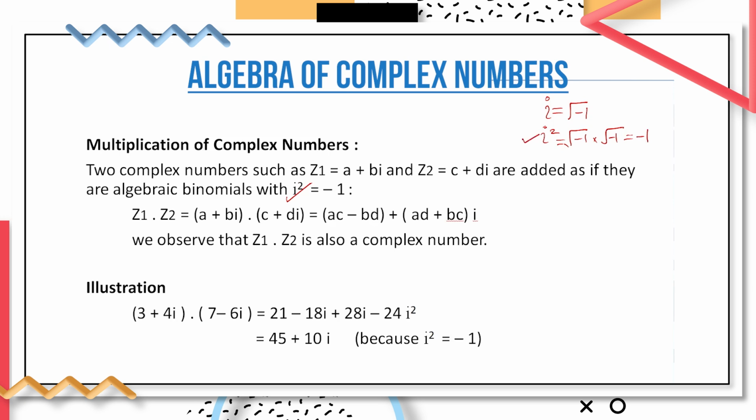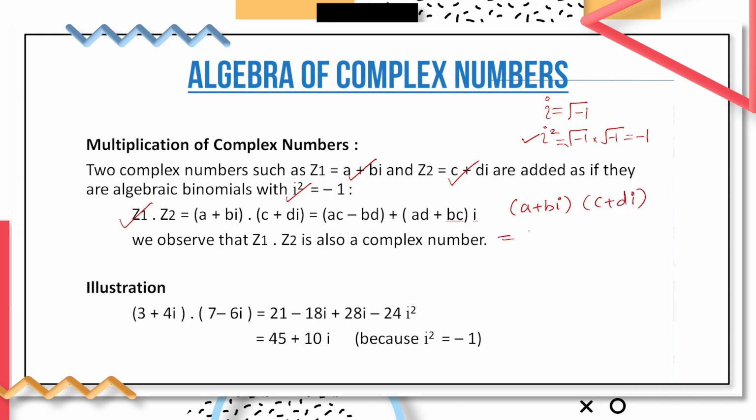Let us understand. Say Z1 is a complex number a plus bi, and Z2 is another complex number c plus di. Now, Z1 into Z2. How are you going to get Z1 into Z2? Just by simple multiplication. Z1 is a plus bi and Z2 is c plus di.